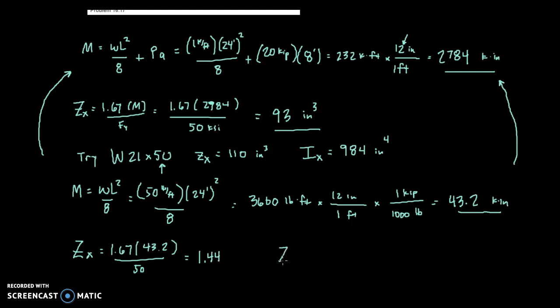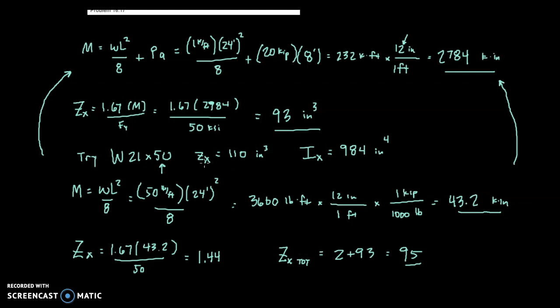So if I add that, I could even round that up to 2. Let's say 2 plus the original 93, which was required, means I now need to make sure I have at least 95 inches to the third of section modulus.